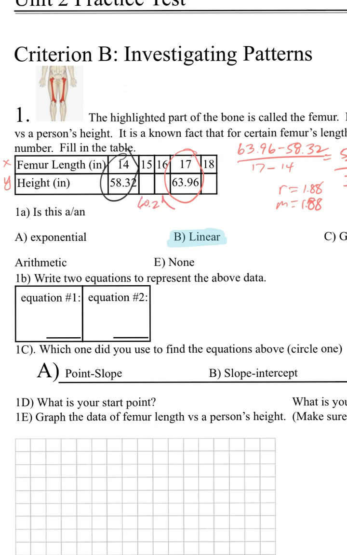And then for this one, it would be plus 1.88, 62.08. And this one would be plus 1.88, 63.96. Okay.